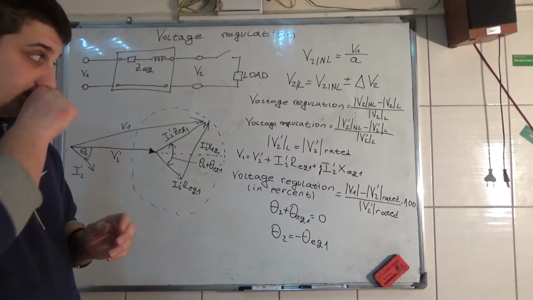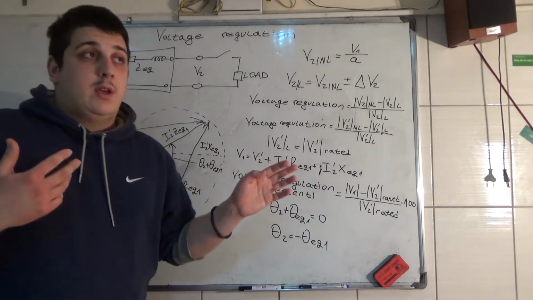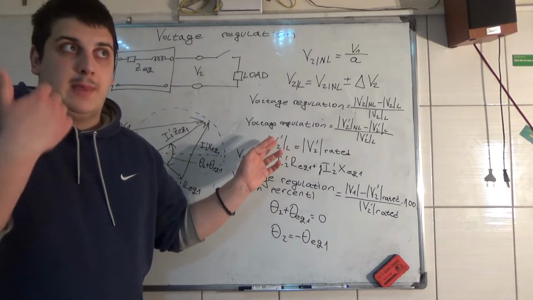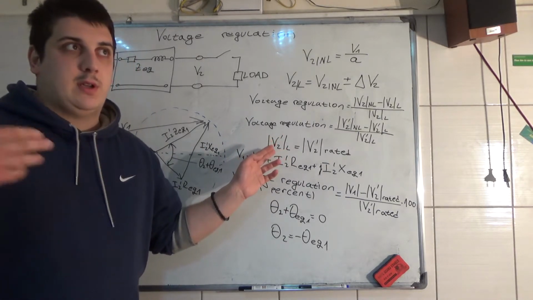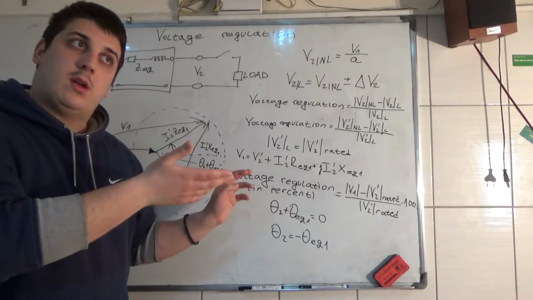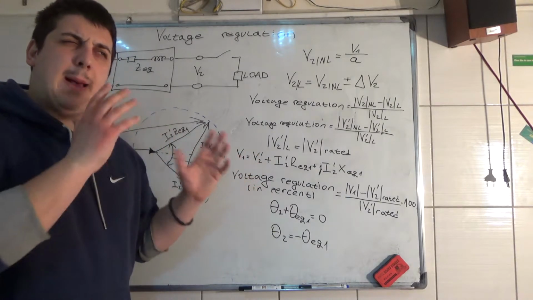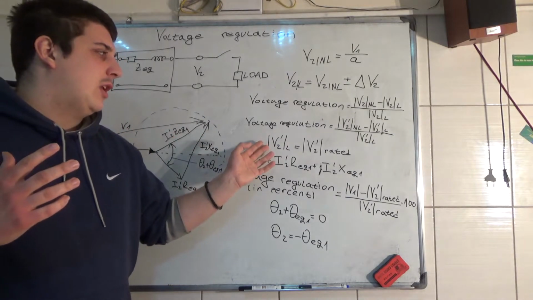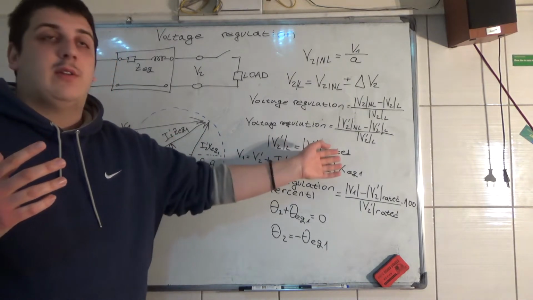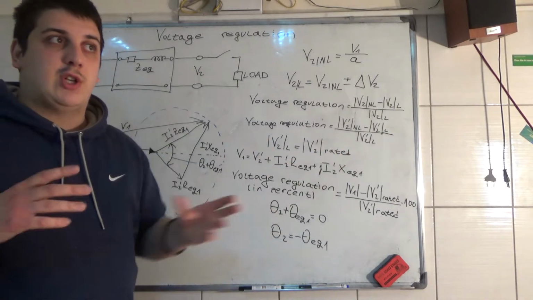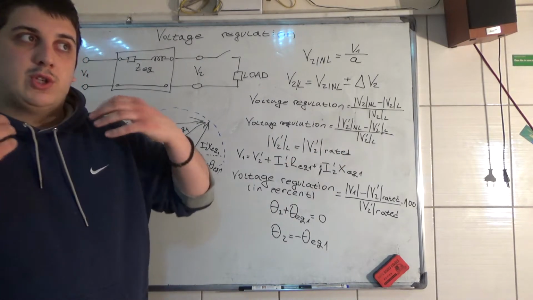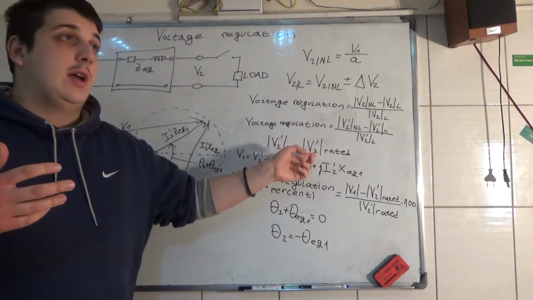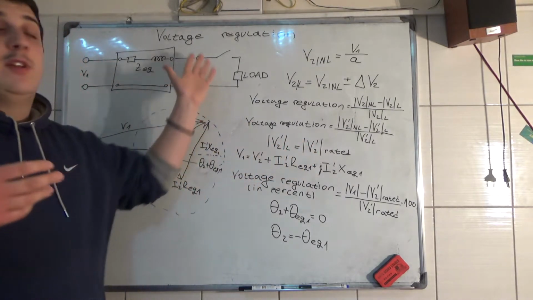Now, usually the load value, engineers first have to make a transformer so that the load voltage will also be the rated voltage. So engineers usually design the transformers so that the rated voltage is the load voltage of the transformer.